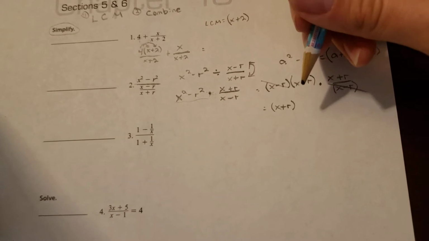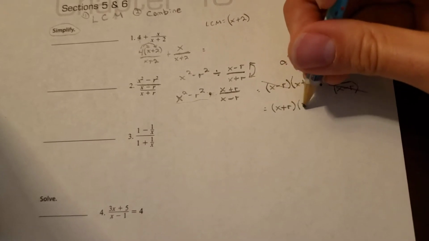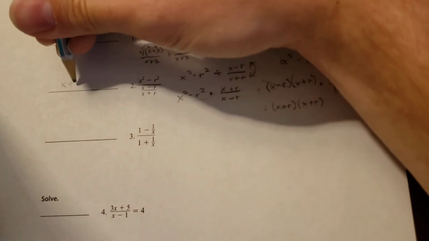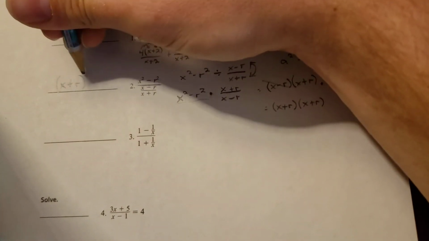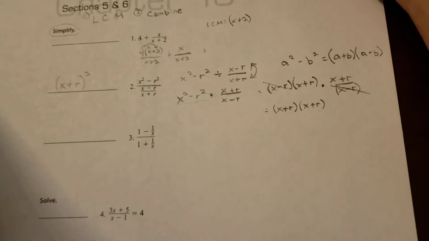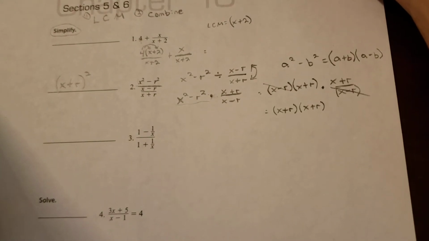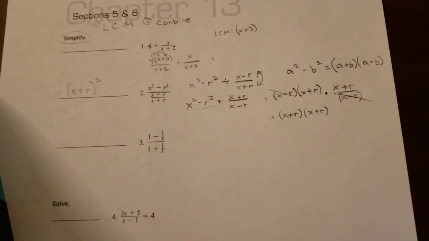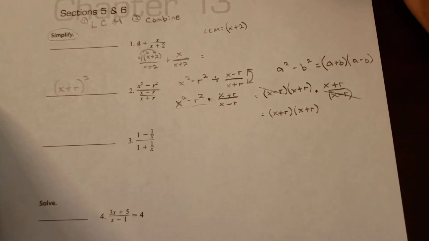Well, essentially it's x plus r, which is the same as x plus r squared. Nice little simplification.